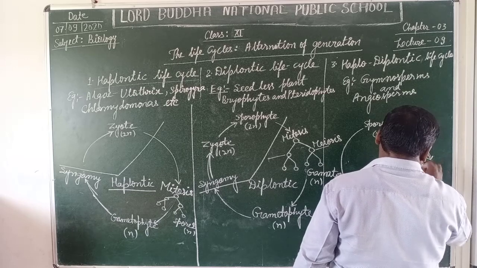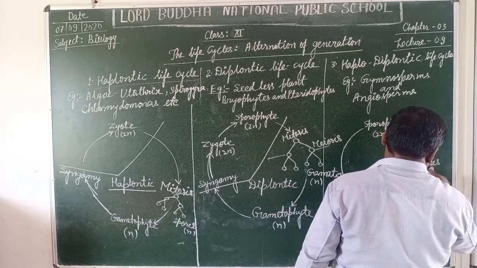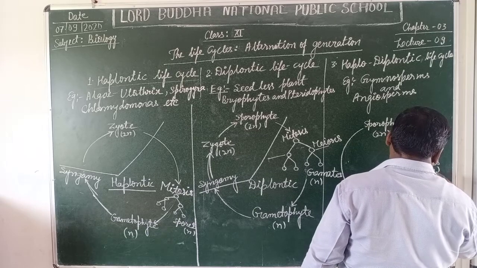And by this meiosis, the spores are formed containing n number of chromosomes.